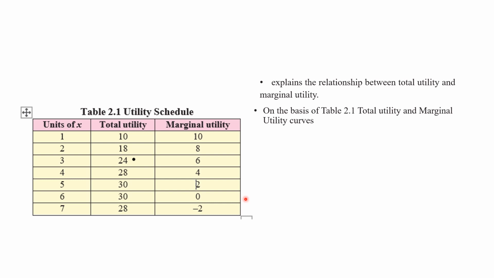The hunger has been finished. At this level, I made no addition to the total utility, so the marginal utility became 0. When the marginal utility becomes 0 and the total utility is at its maximum, this is called the point of satisfaction.